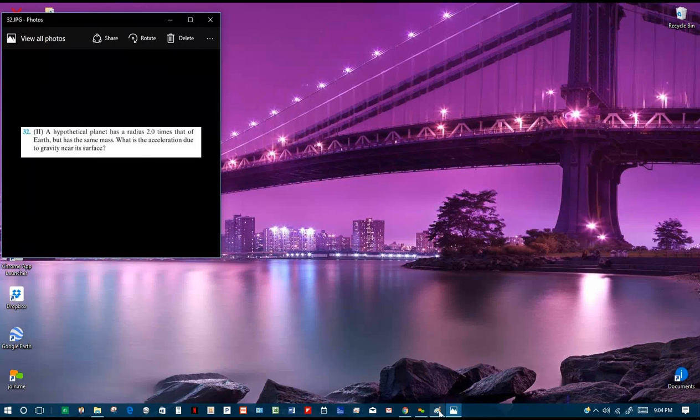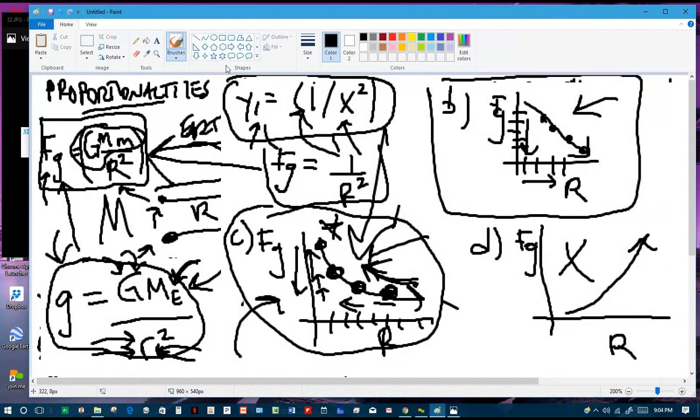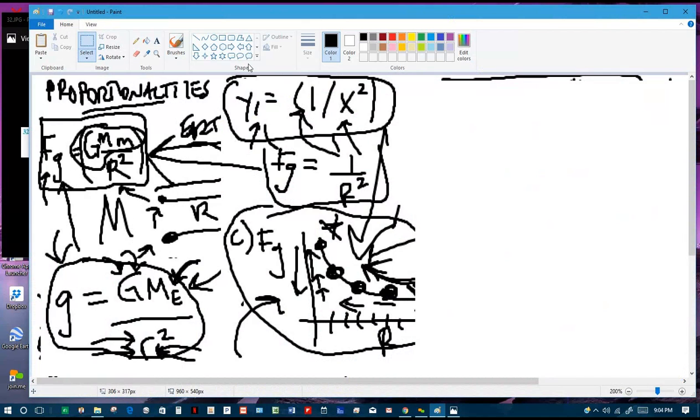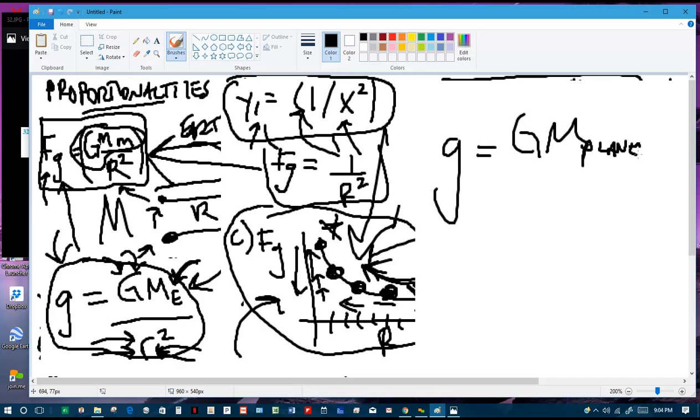The mass of the planet over r squared. There are 3 or 4 problems in your problem set that you can answer just by plugging in these numbers, but you have to know the equation. g equals GM, the mass of the planet, divided by r squared.